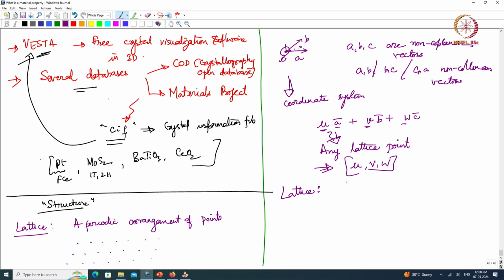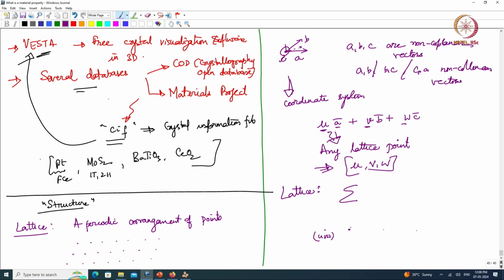Okay. Now, the entire lattice, mathematically, is nothing but a combination of, so wherever there is a lattice point at u v w, there is also u plus a, or there is some sort of translational periodicity in this lattice. So I am just going to write it as a combination of delta functions.